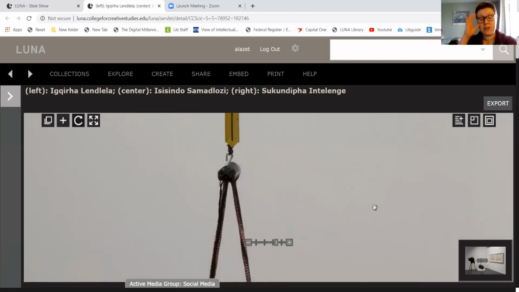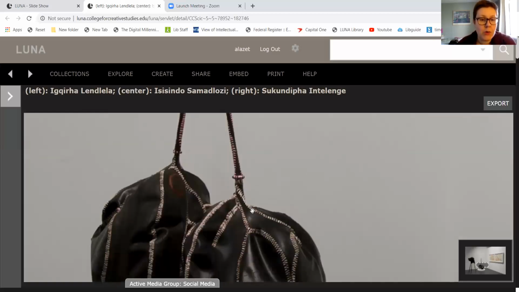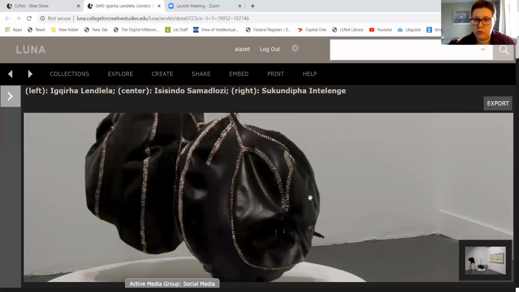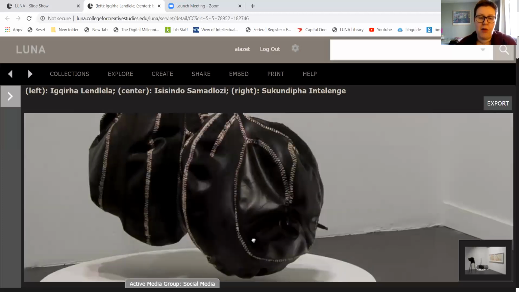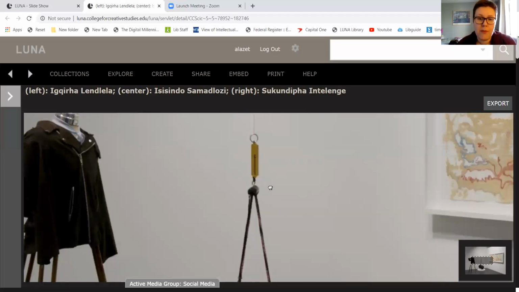Unfortunately this is a head-on shot, whereas if it were to the side you would see that it is a tube, kind of like this. So we have this pink seam or zipper, a leather or rubber material, balls that are connected to a tube. Okay, so what could this be?